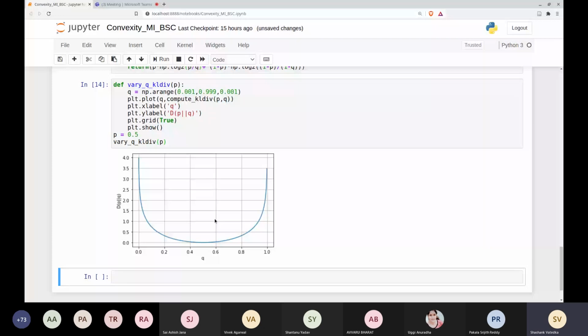This is a plot of the KL divergence as a function of Q for a fixed P.